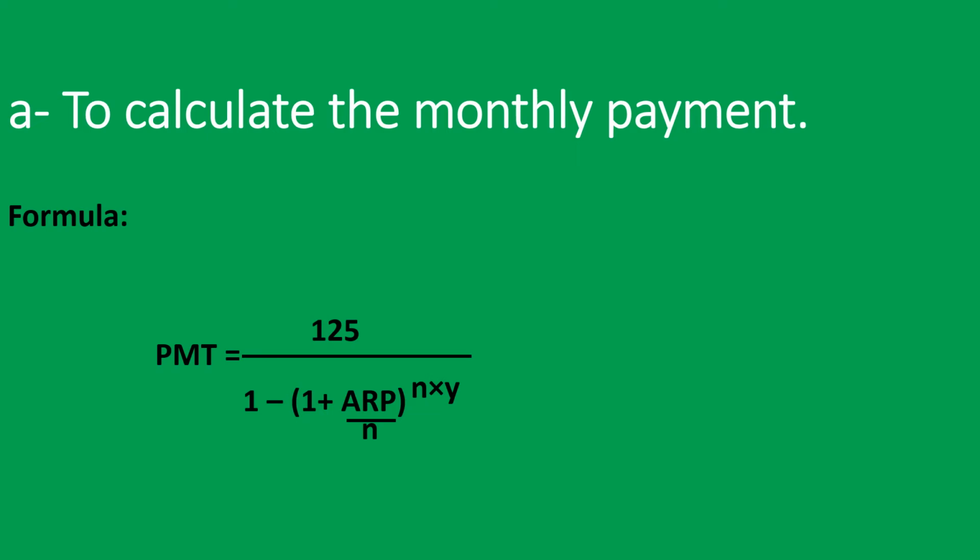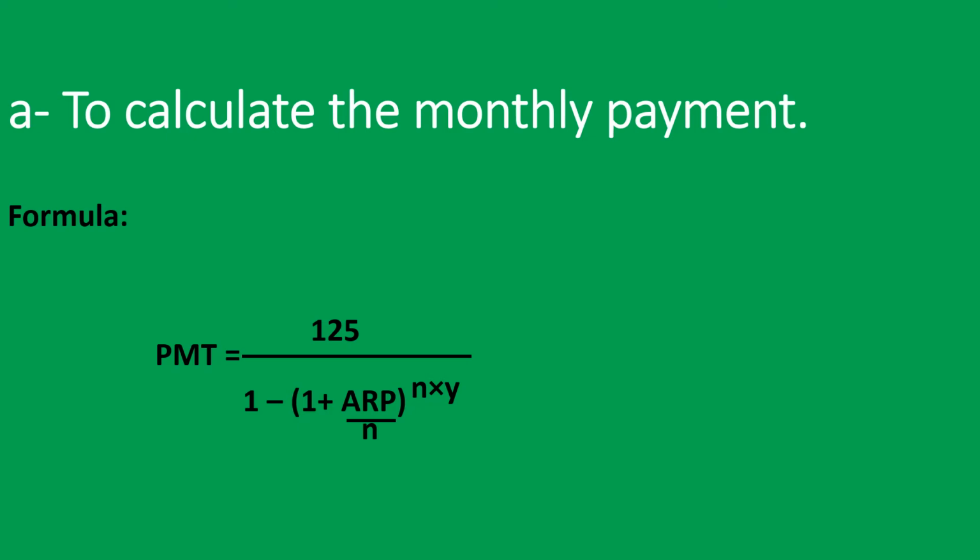Now in the formula you can understand much better what I meant. We solved the upper part of this formula, and now let's solve the lower part, which is 1 minus 1 plus interest rate by number of months or year.